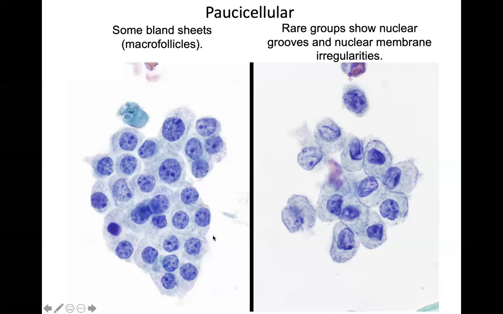However, when we've done studies at this institution, looking at nuclear irregularity only in paucicellular specimens versus microfollicular architectural irregularity only in paucicellular specimens, i.e. FLUS, right? Those behave very differently on resection.